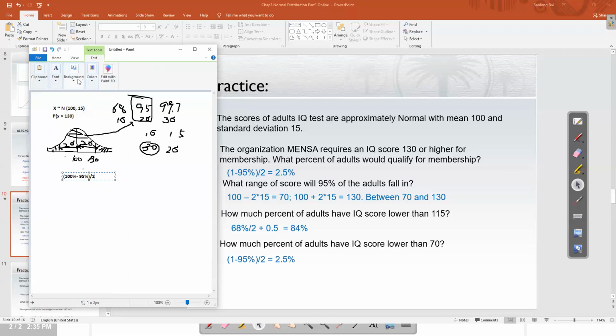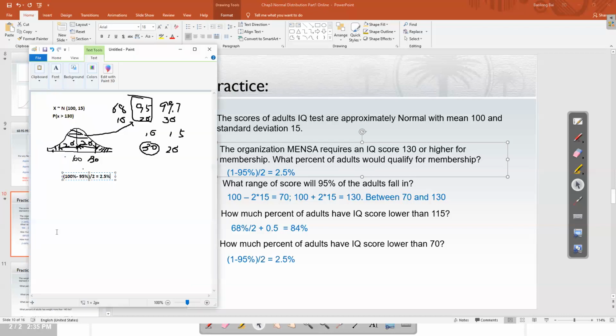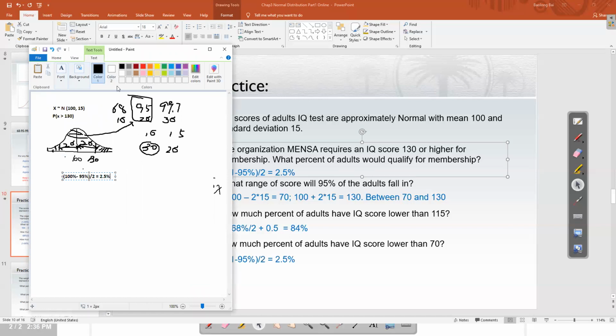So we divide by 2, and it will be 2.5%. Okay, so that's the answer for the first question. Only 2.5% of the adults will qualify for membership if that's what they're setting.